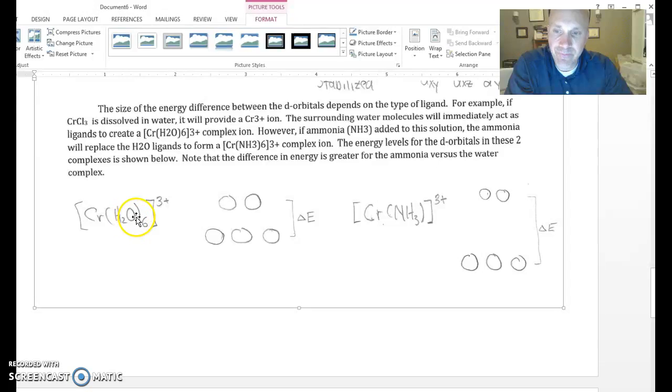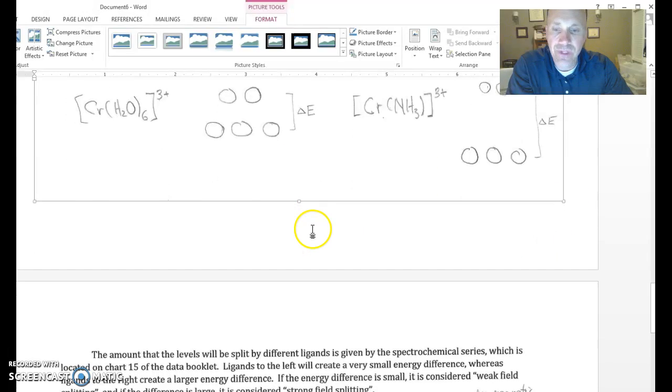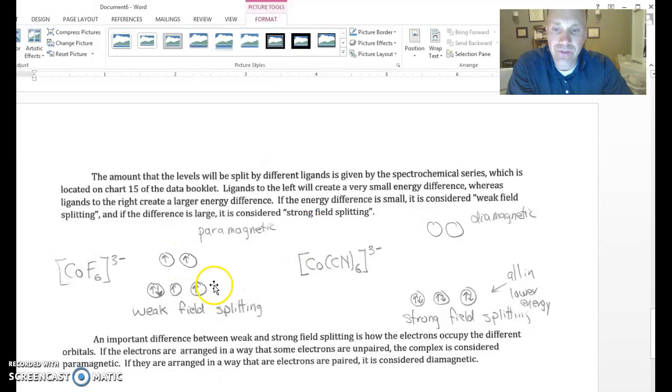And there's a name for complexes that have a relatively small difference in their energy between the d orbitals and ones that have larger ones. When the difference is relatively small, we call that weak field splitting. When it's relatively large, we call that strong field splitting.